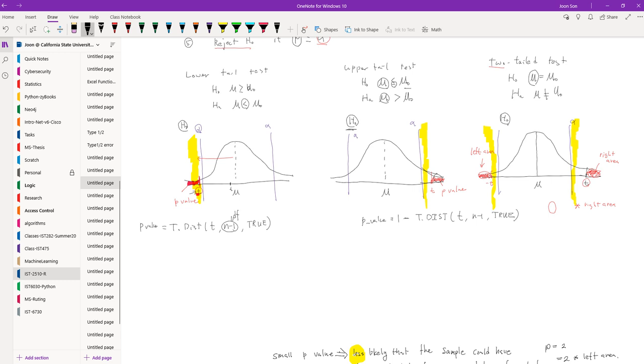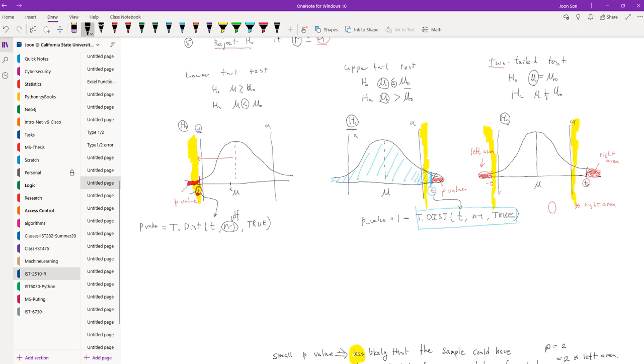So the reason that it's 1 minus is that this function is cumulative. What happened is that it returns this blue area, up to here. Since this is your T value, you plug this T value in here.